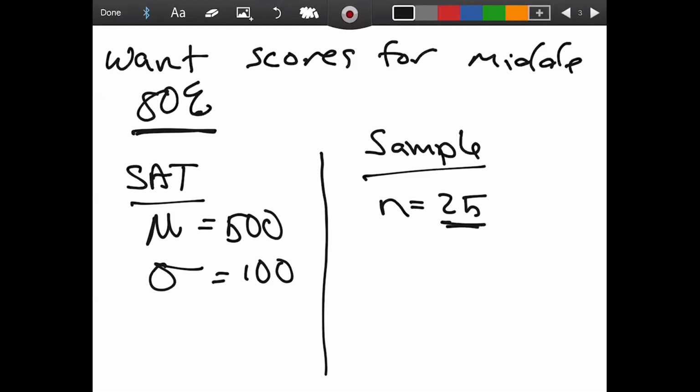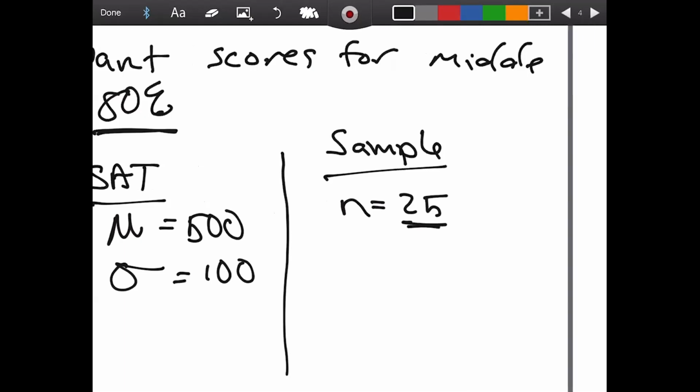And so what is the first thing we need to do to figure out what those scores would be? We need our z-score. Yeah, we need our z-score, exactly. And so to find our z-score, we once again go to that unit normal table like we did before.